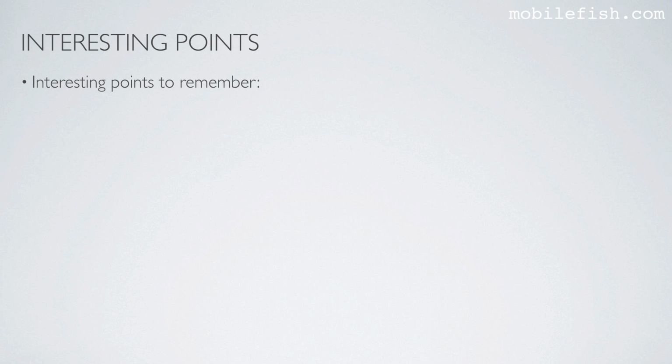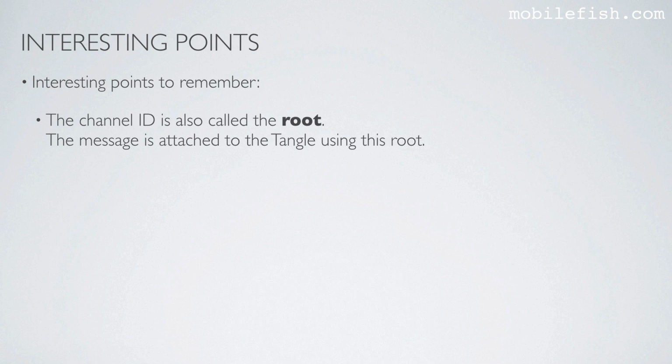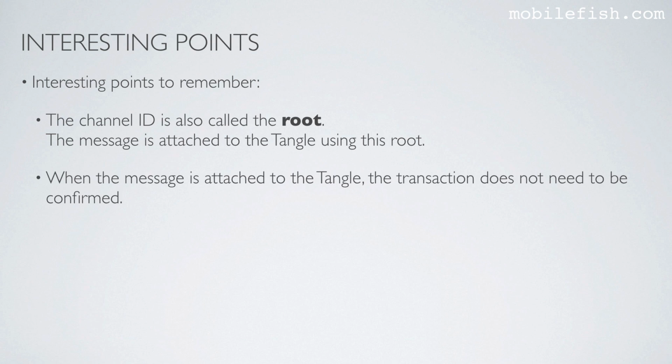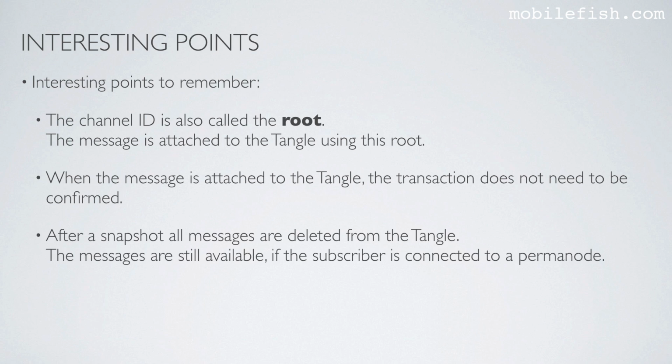Here are some interesting points to remember. The channel ID is also called the root. The message is attached to the Tangle using this root. When the message is attached to the Tangle, the transaction does not need to be confirmed. After a snapshot, all messages are deleted from the Tangle. The messages are still available if the subscriber is connected to a permanode.